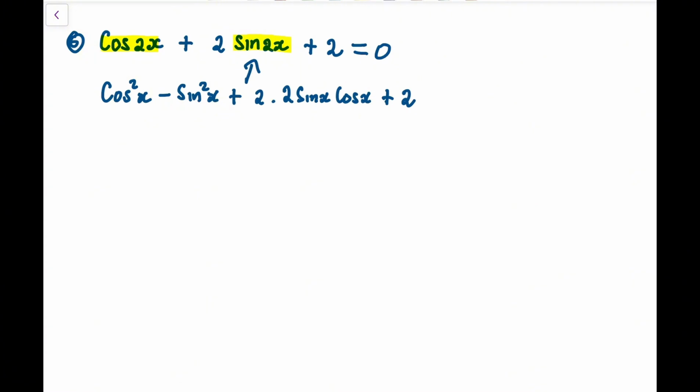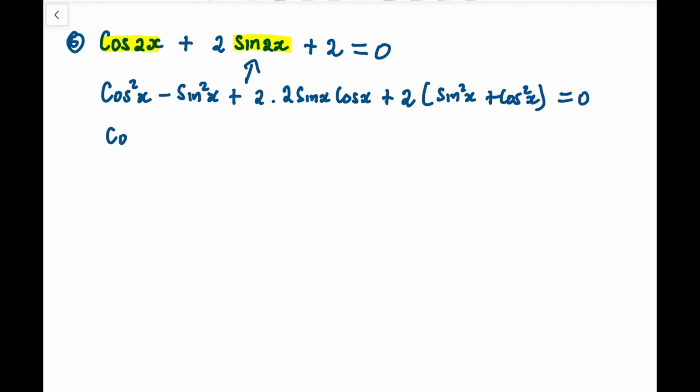So this 2, I can multiply it by 1 to accommodate this sine x and cos x. My 1 will be sine squared x plus cos squared x, because if I multiply anything by 1, it will remain the same. So now this is equal to 0.